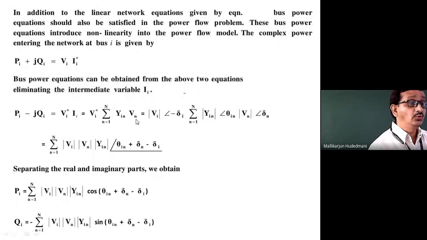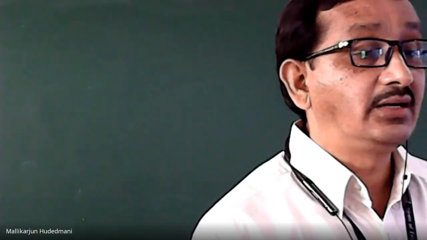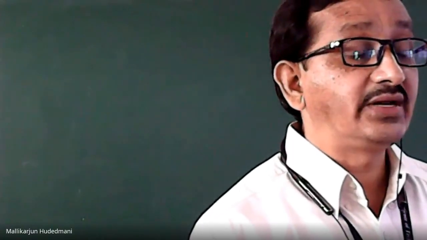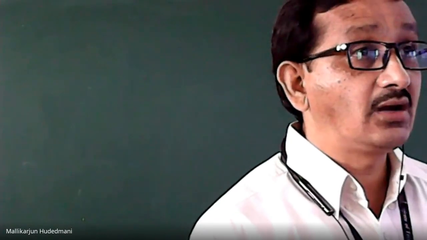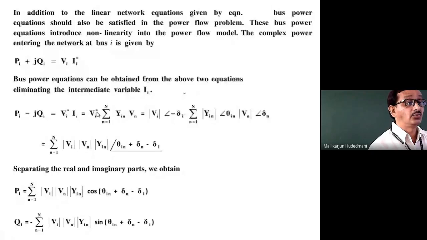Again, we understood how these things are represented in complex form. Suppose you see VI conjugate. What is VI straightforward? Magnitude and angle delta I. When I say conjugate, it only affects the J term or angle term. Therefore, when I have VI conjugate, the magnitude will not get affected. You can see here the VI magnitude.